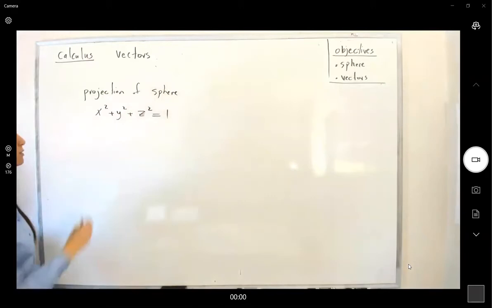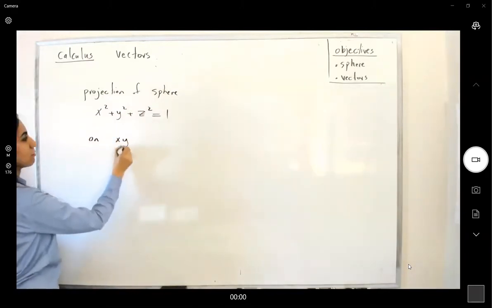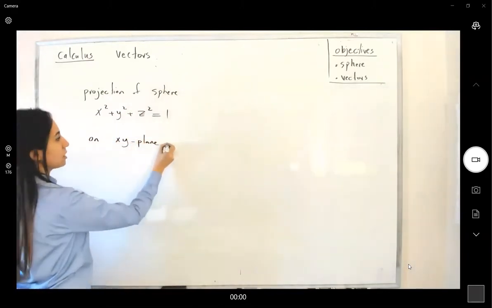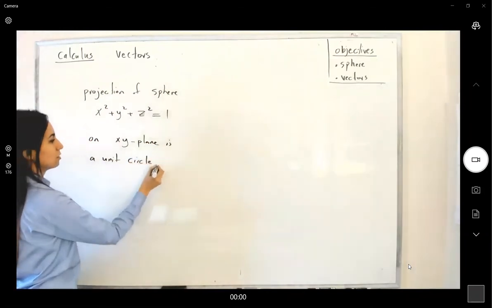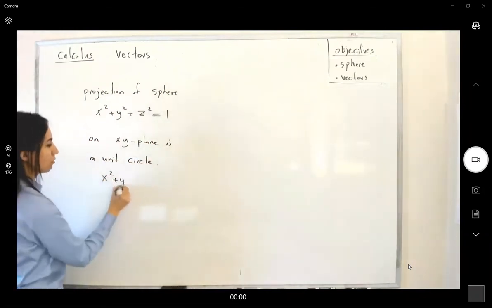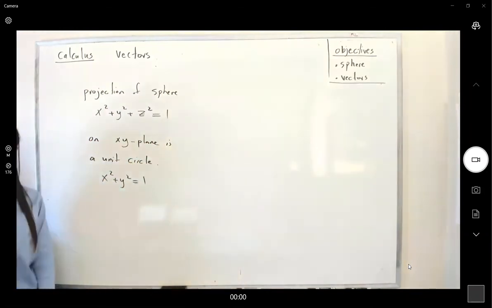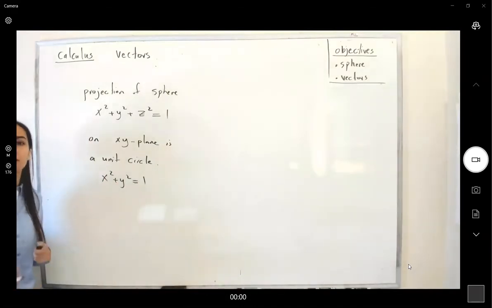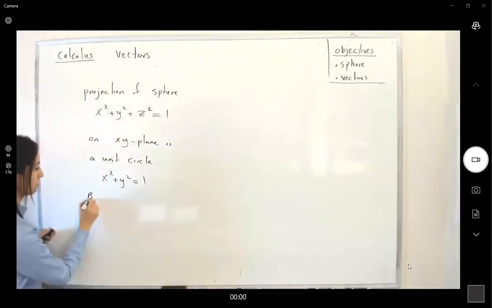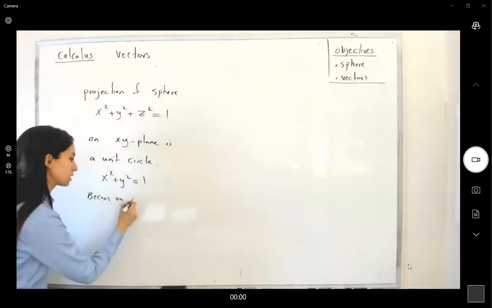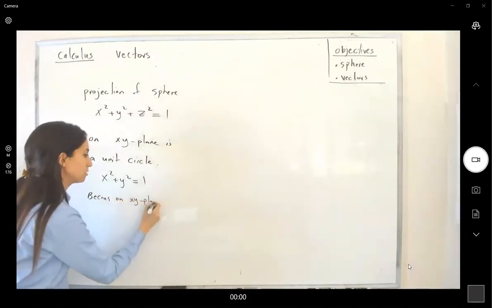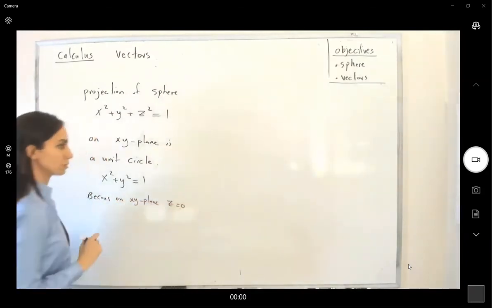Suppose you have a unit sphere, on the xy plane it is a unit circle, x squared plus y squared equals 1. On the xy plane, z is equal to 0.